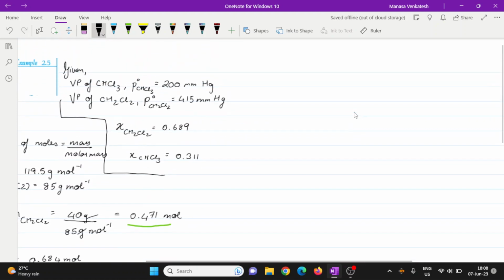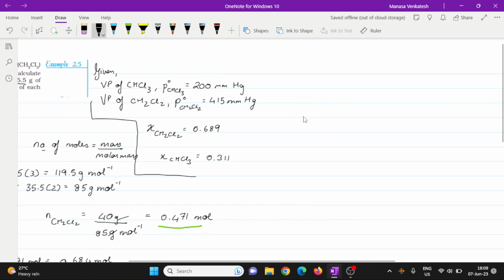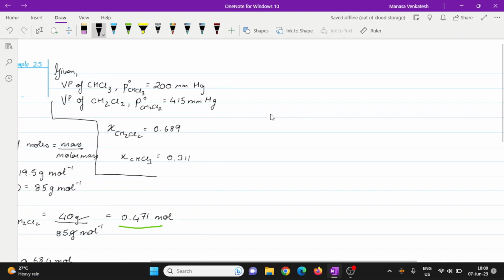Okay, so I'm just going to rewrite this particular equation over here. So we have P total, which is going to be the vapor pressure of the solution, is equal to P1 naught plus P2 naught minus P1 naught whole into X2. We're basically using this equation, but we will be writing the values of CHCl₃ and dichloromethane.